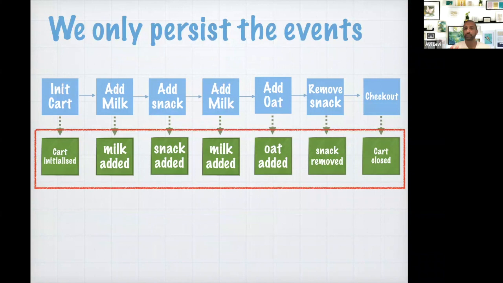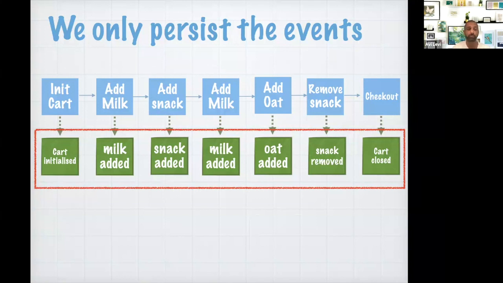So we can persist only the events, like when we look at our bank account, we see all the withdrawals and the deposits that were made. But those are, again, only the events. Those are the facts that actually happened. Here, the same. We can only persist the events.